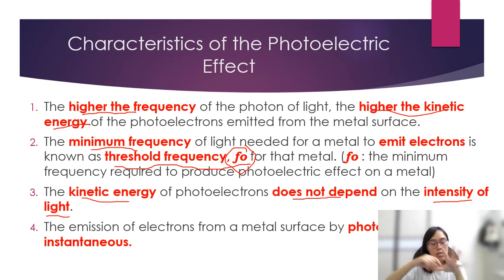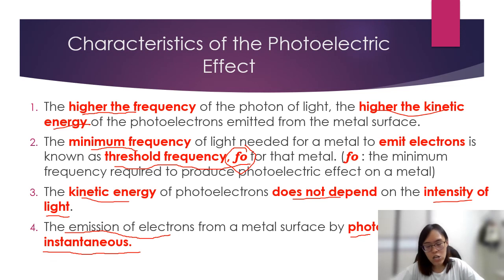will not affect the kinetic energy received by the photoelectron. The kinetic energy received by the photoelectron is only affected by the frequency. And the emission of the electrons by the photoelectric effect happens instantaneously. That means it happens suddenly, very rapidly.